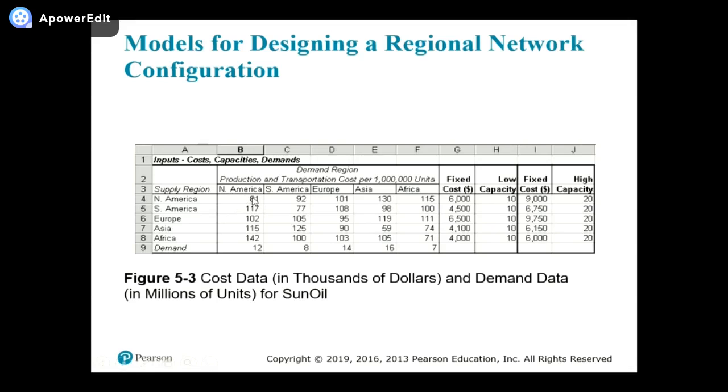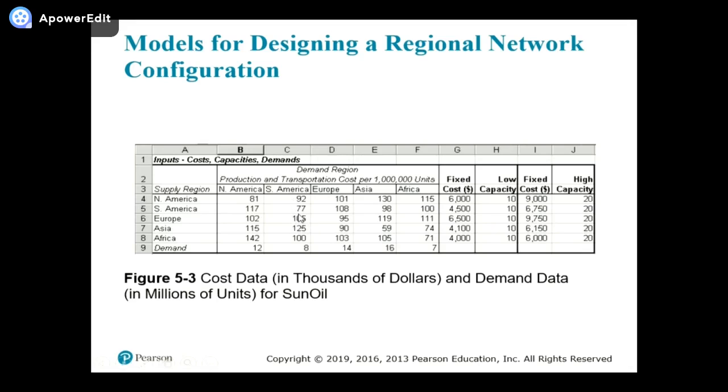So in these cells, it says what the cost for production and transportation is to supply, say, South America demand from Europe.